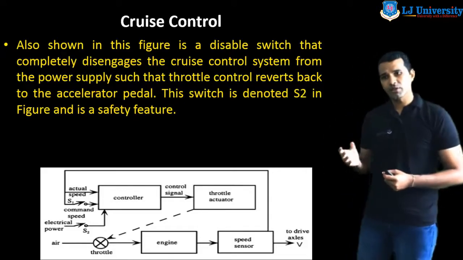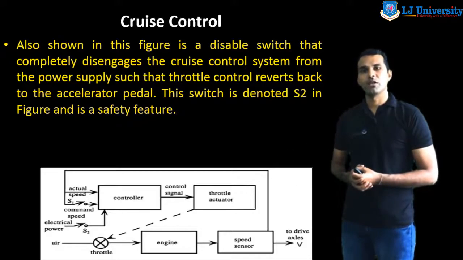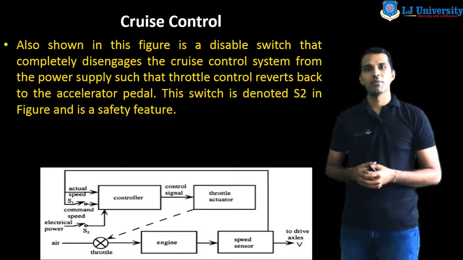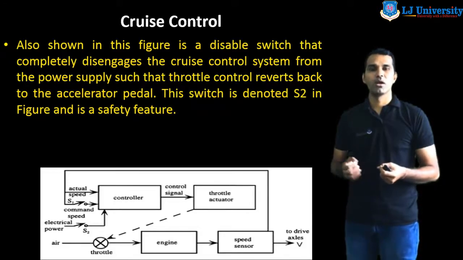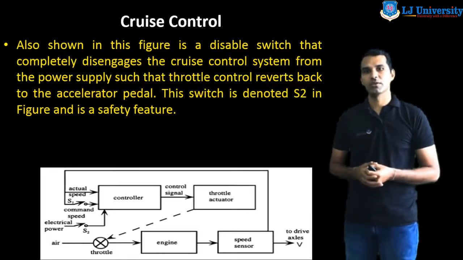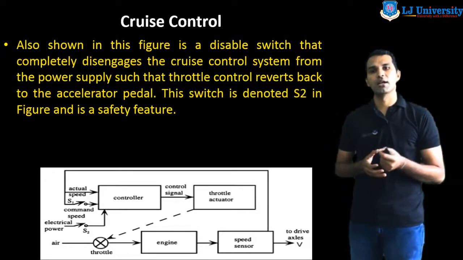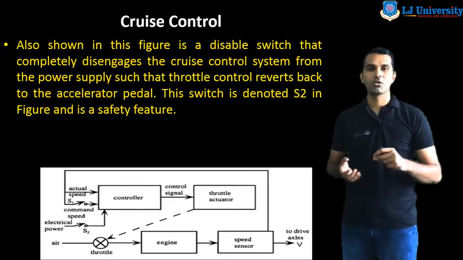There is another connection, the S2 switch, which is the manual control system. That means the person can also control the speed by using this S2 switch. And when the connection is between the S2 switch and the controller, the accelerator pedal is connected with the throttle body or the throttle plate.